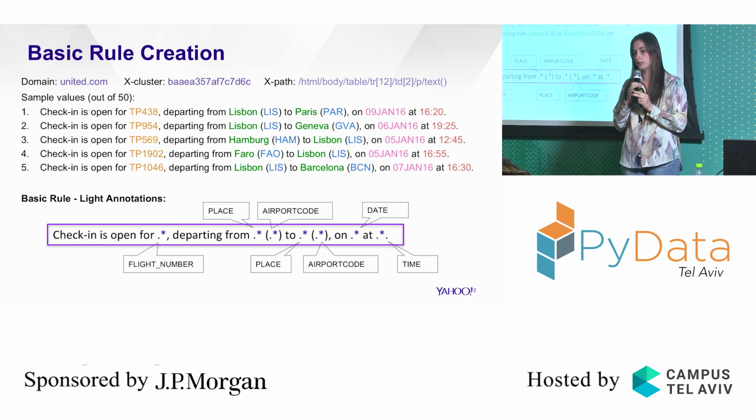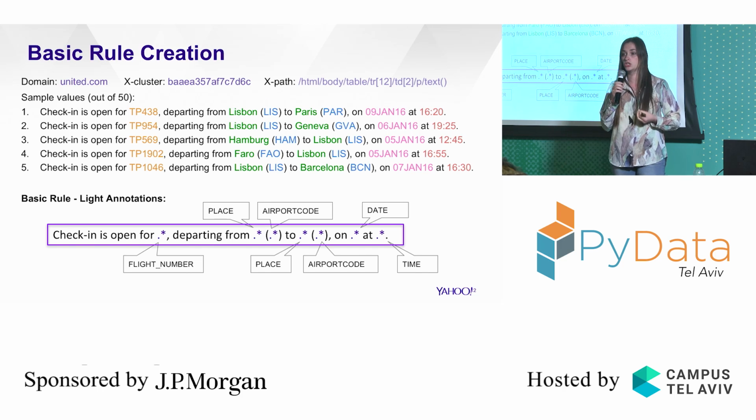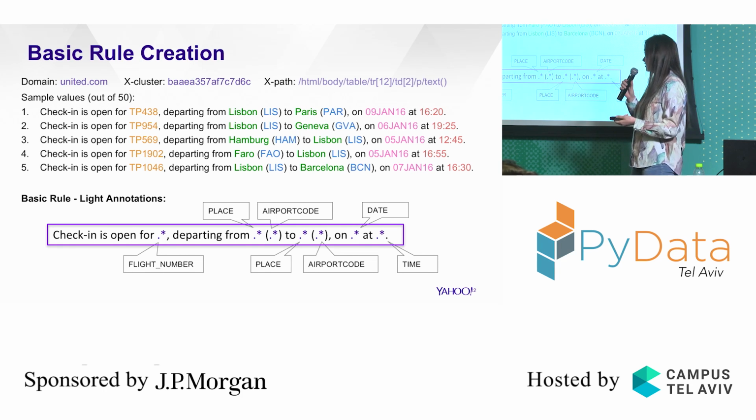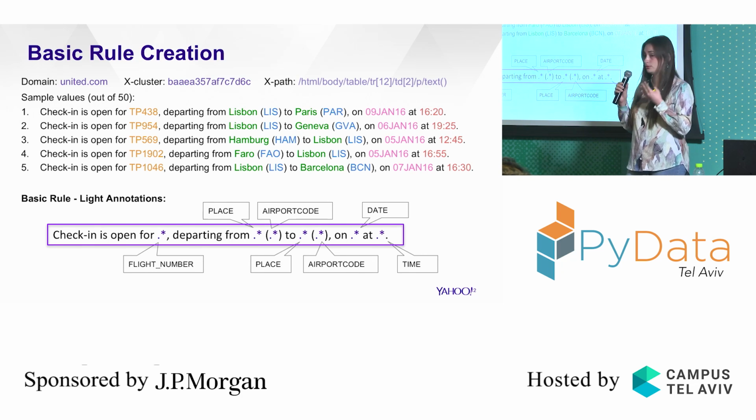And each wildcard represents the data we want to extract, with each wildcard associated with a light annotation. In this example, we remove the "check-in is open for" prefix from all the values we receive. Then we take the string and label it as flight number.